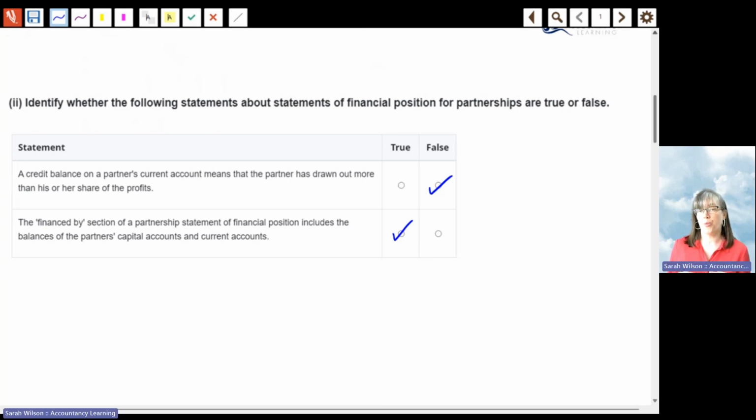And the capital account will be the original amount invested plus any permanent changes. So for example, the partner puts in more money. So both of those added together makes up that financed by section at the end of the statement of financial position.